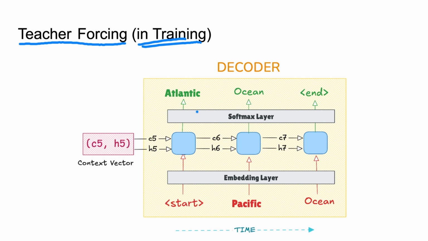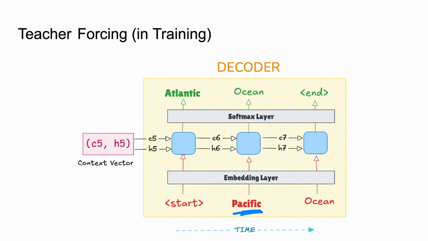Basically, everything will remain the same. What will happen is that for this start token, the model produces Atlantic. But we know this is not the correct answer. We have the training data, and that will have the correct output. So instead of providing this as the input to the next time step, we'll provide the correct token.